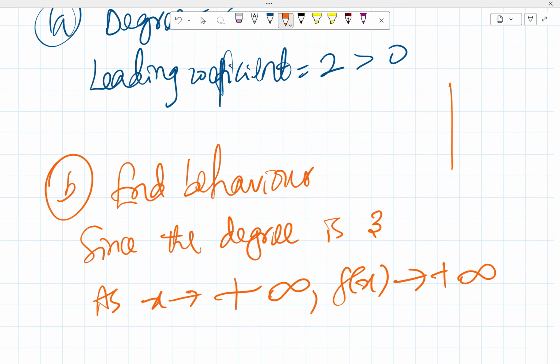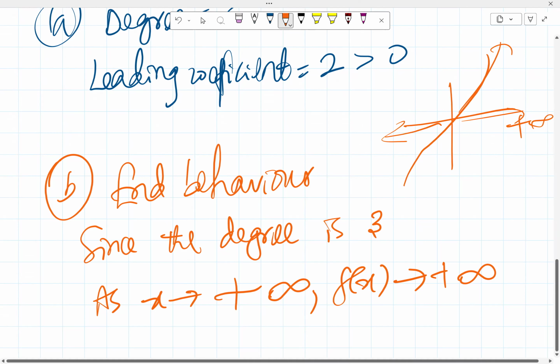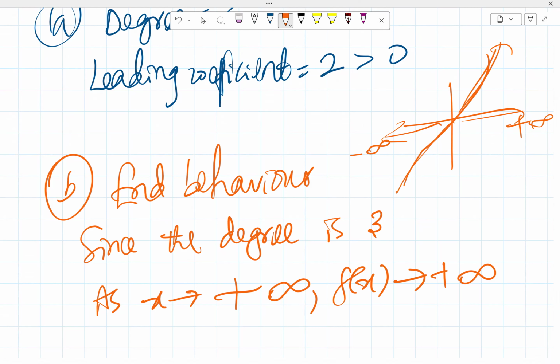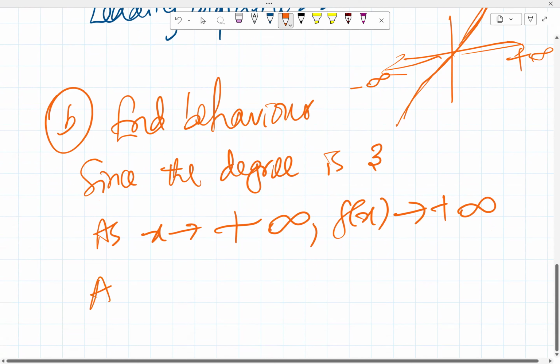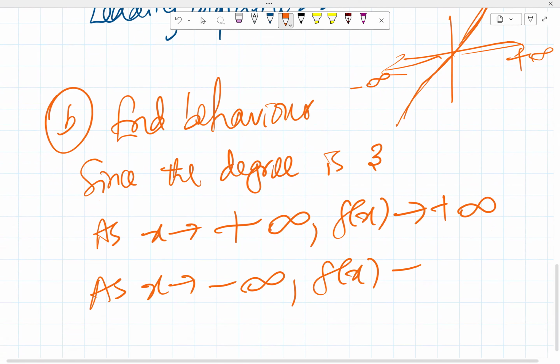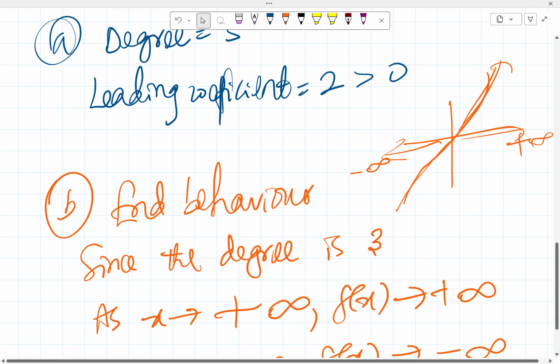So we know the curve is going to be something like from here to here. As x goes this way, this goes positive too. As x goes towards negative infinity, f of x also goes towards negative infinity. That's talking about the end behavior.